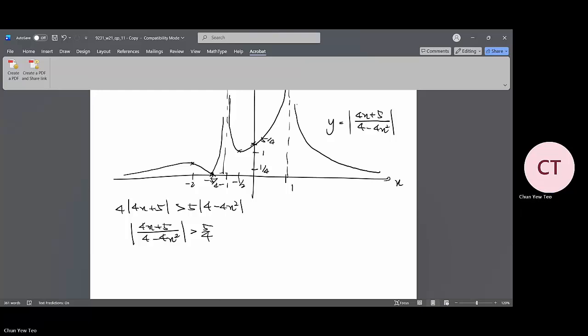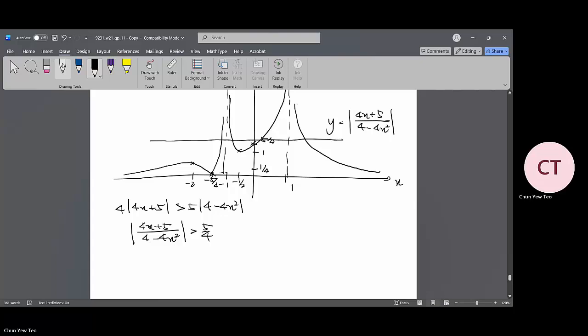So that means we are looking for 5 over 4 over here. We draw it. At this side we have 4 intersection points. So our job over here is to look for these 4 intersection points.